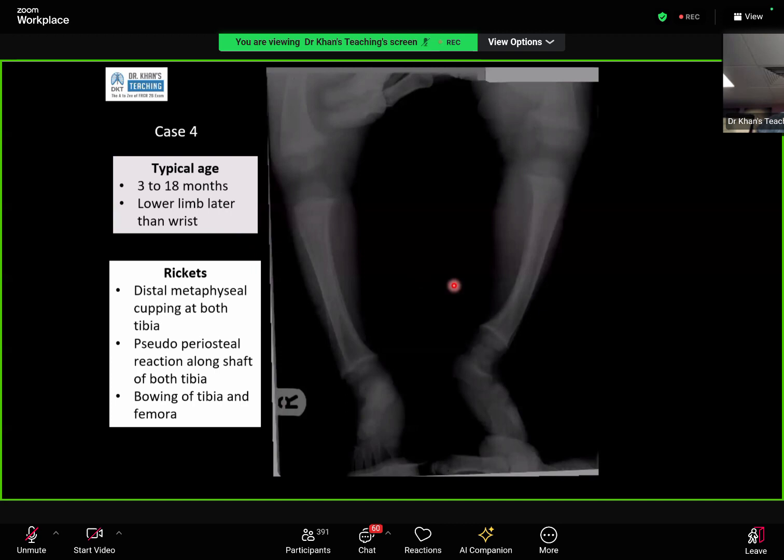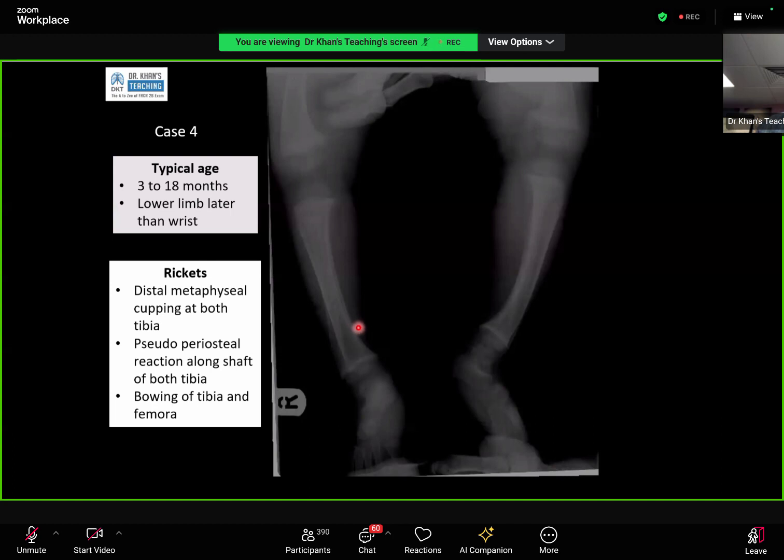In rickets, it's a pseudo finding. What happens is, if you go back to your normal wear and tear of bone, under the periosteum, new bone formation happens normally. This is normal bone metabolism.